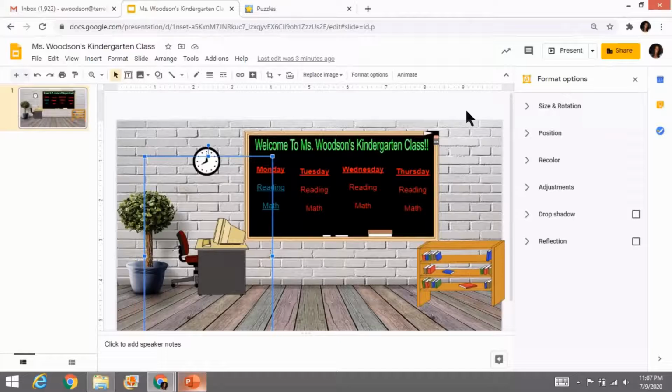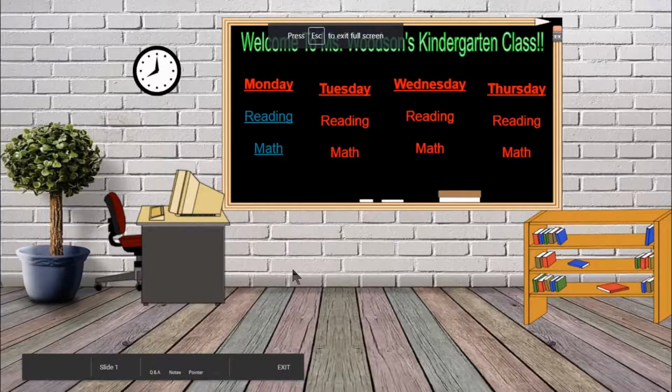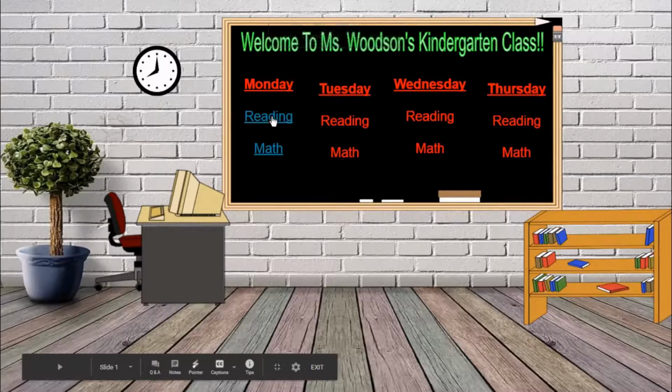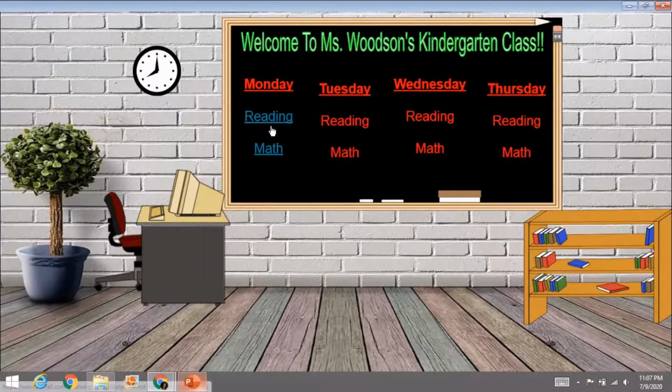Now if you want to test it and see if the link works, you simply click on Present. You can see your classroom. Click on your slide. Up under the link topic that you want to check, reading.